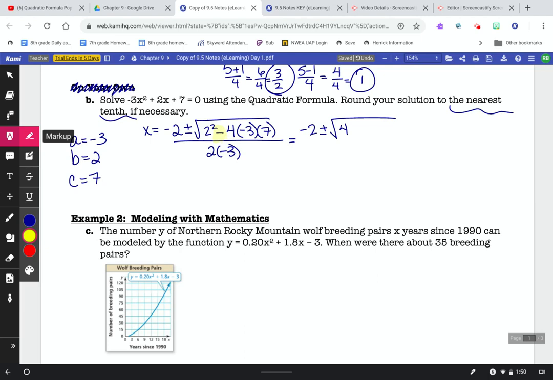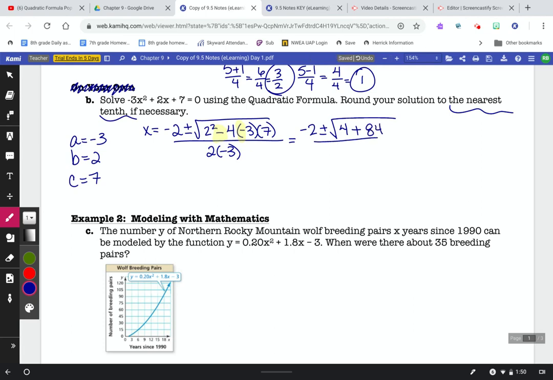We have minus, and then these three numbers multiplied together would give you a negative number because there's one negative sign. So if you have minus a negative, that turns into plus. So I like to write my plus sign right away. So 4 plus 4 times 3 is 12, times 7 is 84, all over -6.